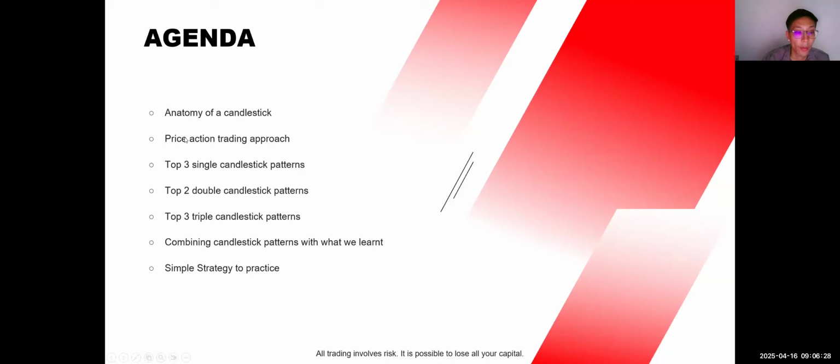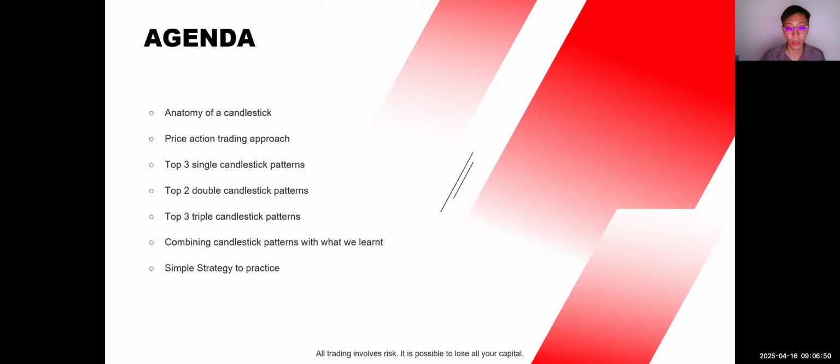And then we also have the price action trading approach. Third, top three single candlestick patterns. Fourth, top two double candlestick patterns. And the next one is top three triple candlestick patterns. You see, we have single, double, triple candlestick patterns. Later on I'll share with you guys a little bit more.